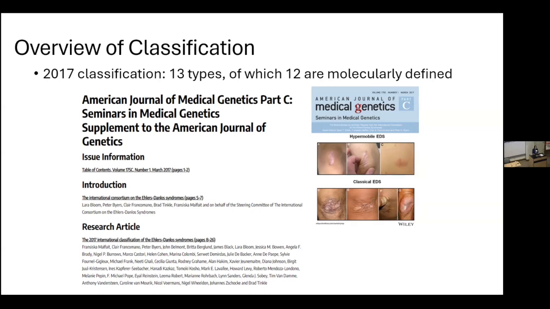All of the articles published in this 2017 issue of the American Journal are available on the Ehlers-Danlos Society website. They have been used extensively over the last 9 years, and they've been some of the most highly cited articles from the American Journal of Medical Genetics.